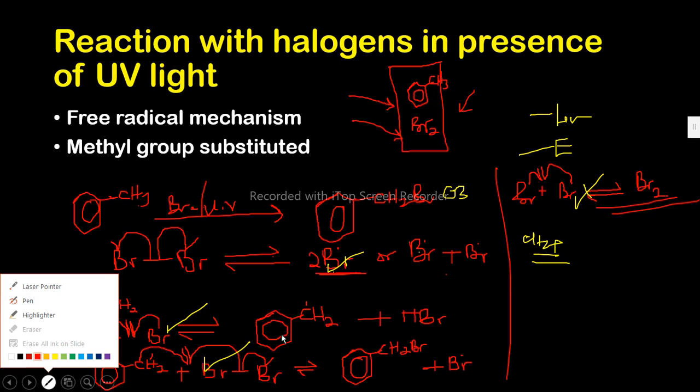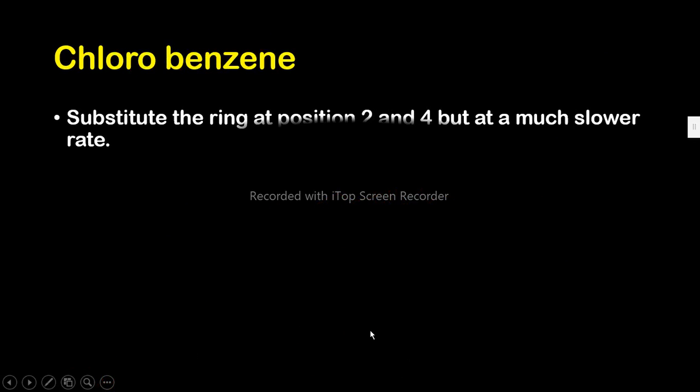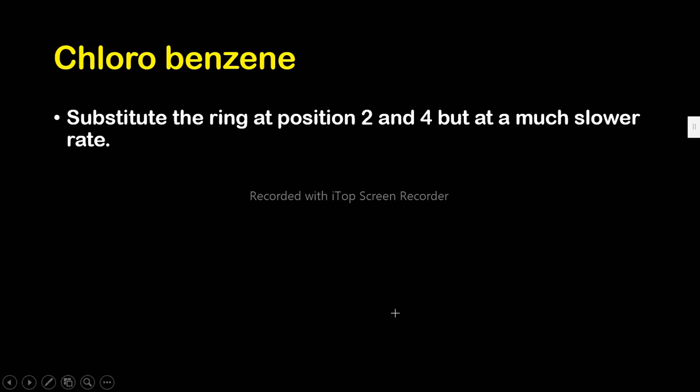So let's proceed and talk about chlorobenzene. With this, the chlorine atom substitutes one of the hydrogens on the benzene ring. And it is also an ortho-para director. However, this one does not activate the ring.